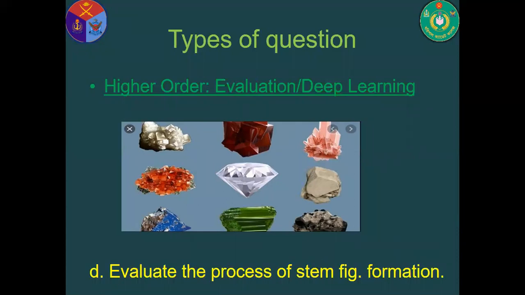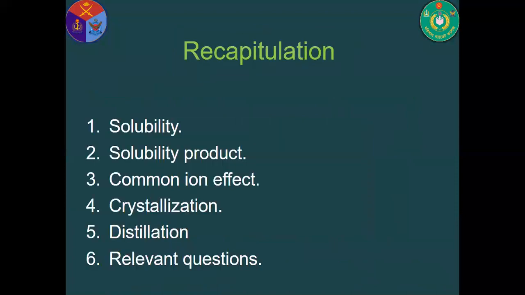Evaluate the process of crystal formation. It is the crystallization process. We already discussed it, so in that way we will answer that question. Now in this class we discussed solubility, solubility product, common ion effect, crystallization, distillation, fractional distillation, and steam distillation.